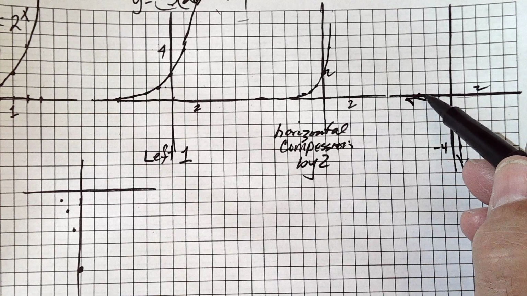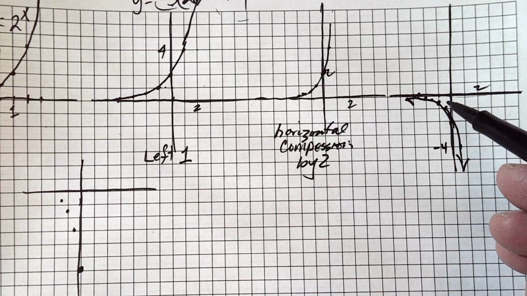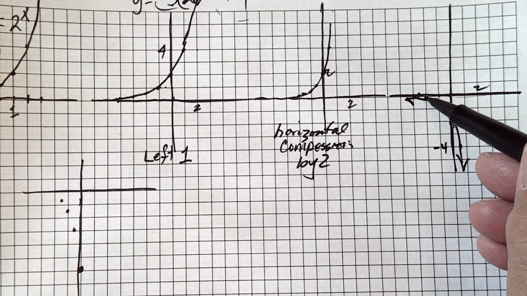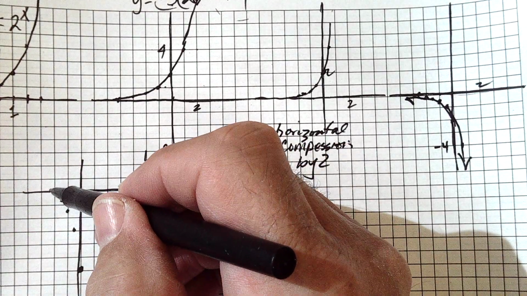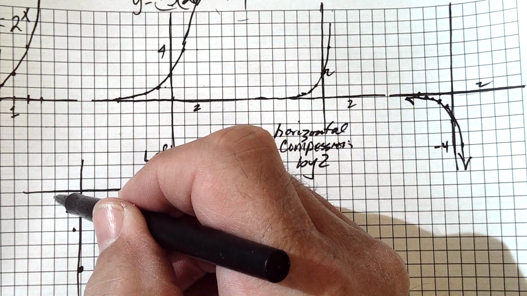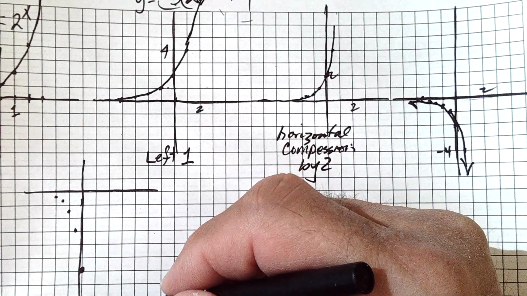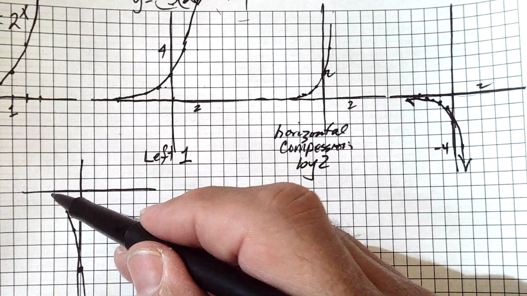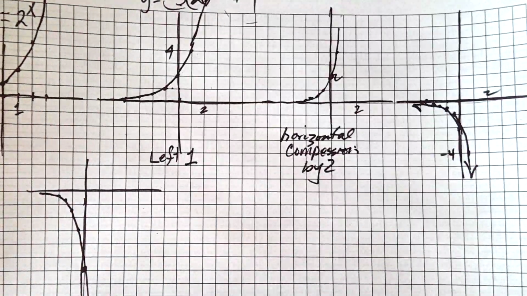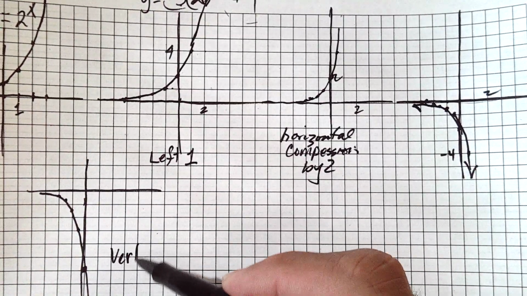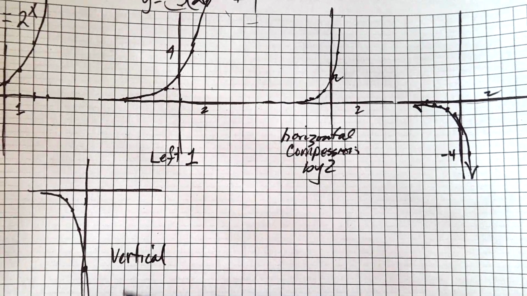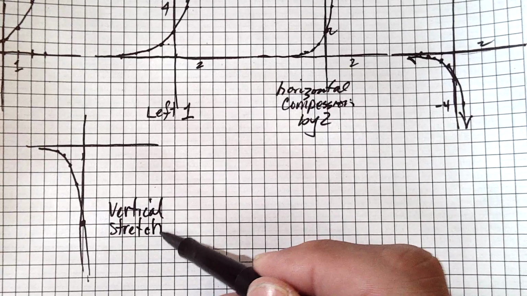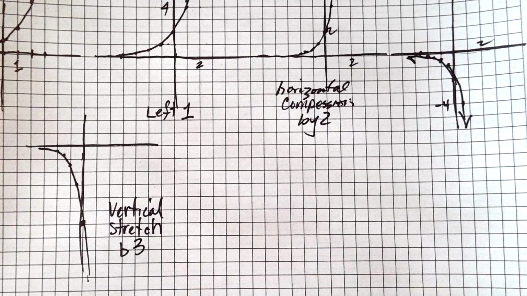And at 1/2, it was 4, so it's going to be... and eighth, so it's going to be 3/8, which is a little less than 1. So it did a vertical stretch by 3.